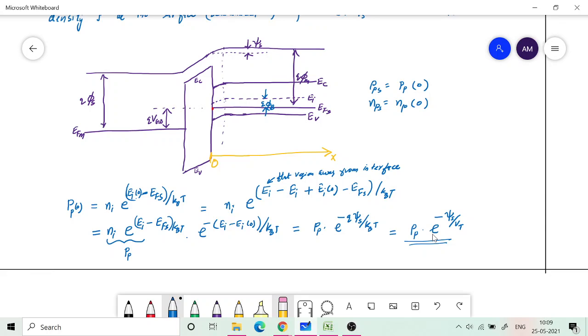That is also evident from our band diagram. You can see that there is a large separation from the valence band to the Fermi level compared to that in the bulk. In the bulk, it is closer. It is only this much, but here you have larger separation. So the larger the separation, the smaller will be the hole concentration. If it is at EI, it will be even smaller. If it is going above EI, again it will be smaller.